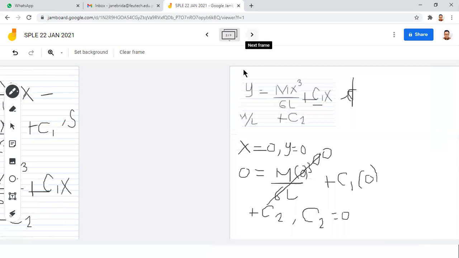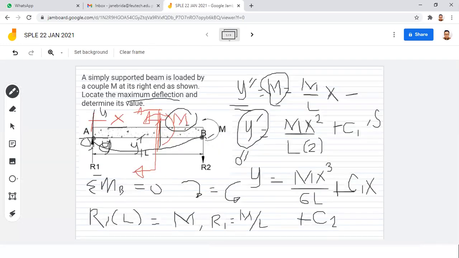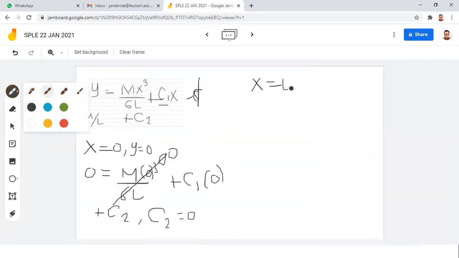So again, when x is equal to L, where's that L? This side, x is L, and y is 0. When x is L, y is equal to 0.